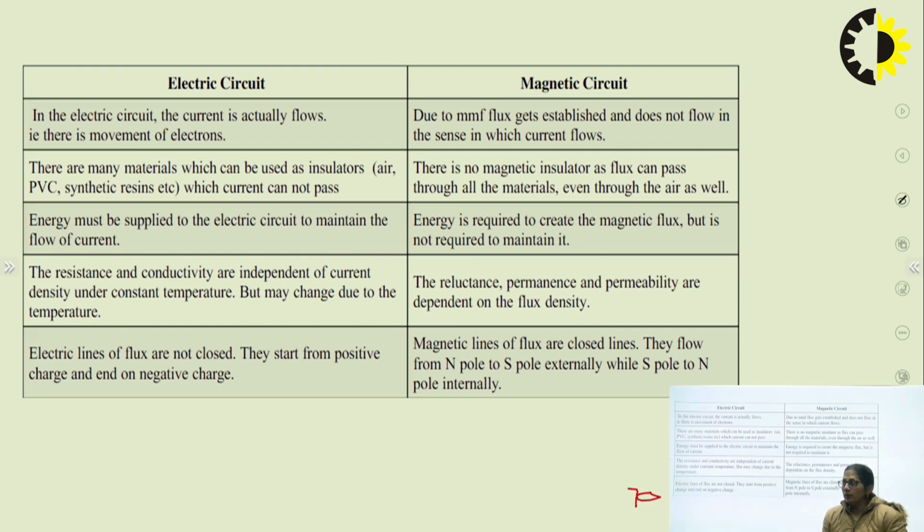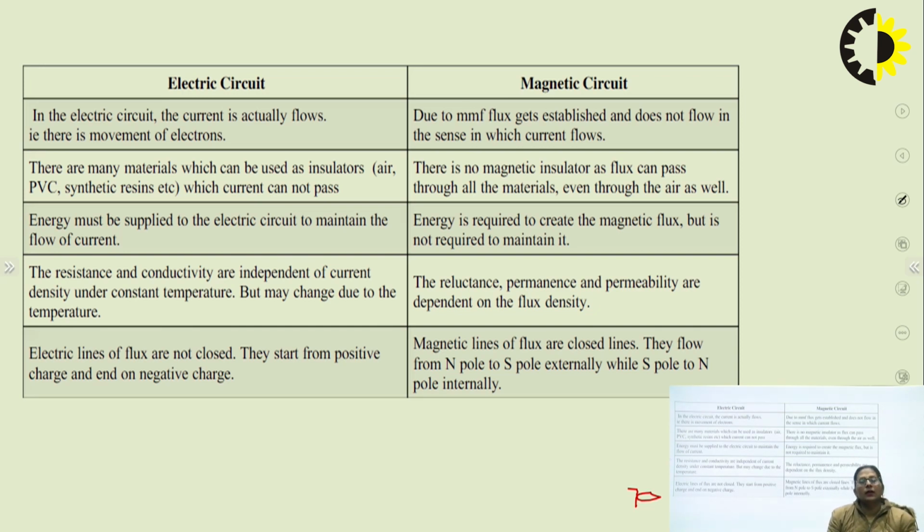The third point is the energy. In an electrical circuit, energy must be supplied to maintain the flow of the current. As you remove the supply, the current will not be there, it will stop working. Whereas in a magnetic circuit, the energy is required only to establish the flux, but it is not required to maintain it. It will be maintained, though with a reduced value, but it will be there.